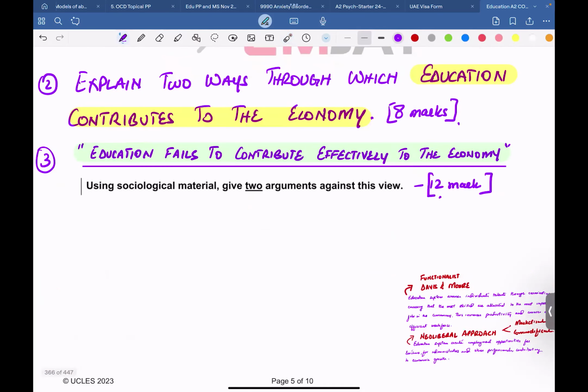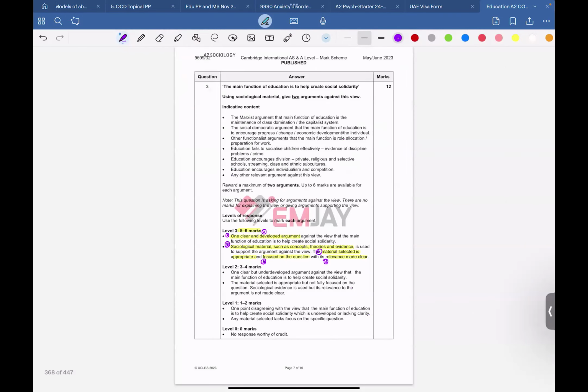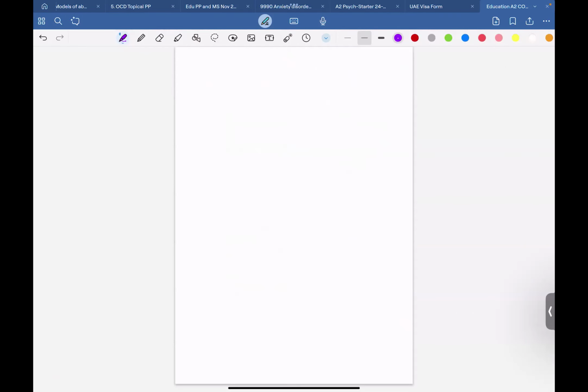Now, how could we turn the same statement into a 26 mark question? Let's just say you get the question that says, evaluate the view. I'll just show you how a typical 26 mark question looks.